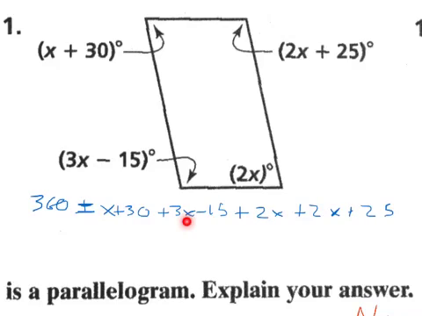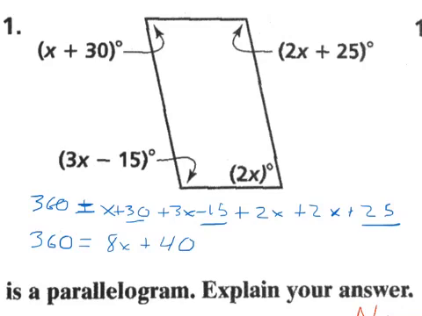I have 1, 2, 3, 4x, 6x, and 8x. So let's write that. 360 equals 8x. And then for numbers, I have 30, negative 15, and 25. Well, 30 and negative 15 make 15, and 25 and 15 make 40.